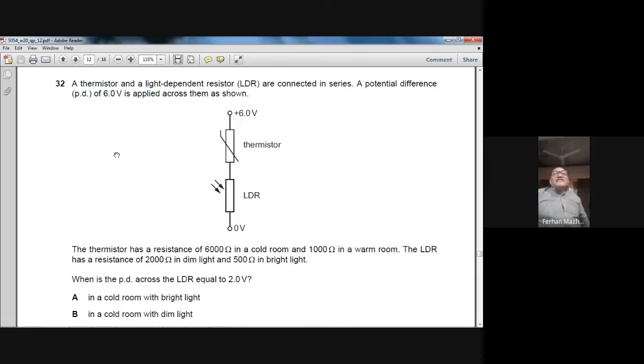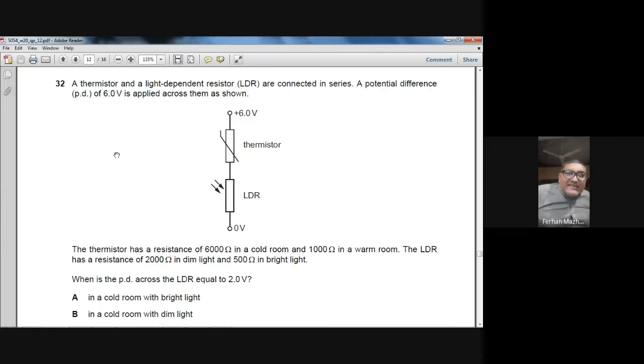The thermistor has a resistance of 6,000 ohm in a cold room and 1,000 ohm in a warm room. So there are 2 resistances of the thermistor given. If the room is cold, its resistance will be 6,000. If the room is warm, its resistance will be 1,000.